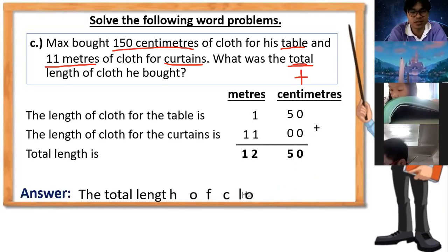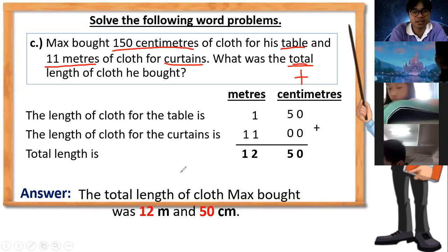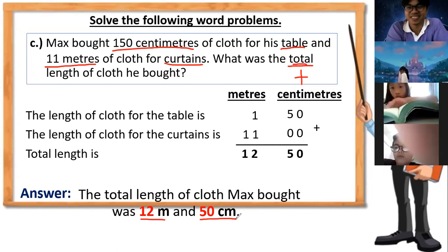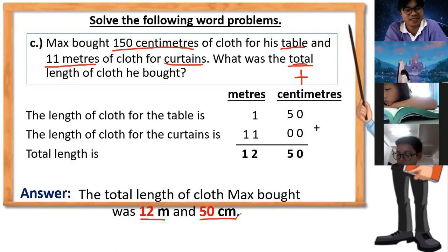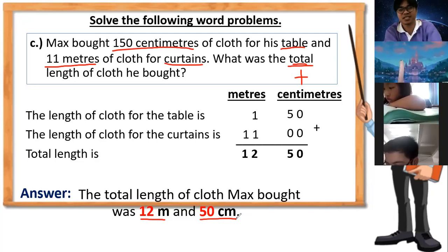So the total length of cloth Max bought was 12 meters and 50 centimeters. Like that. Okay. You see, right? The total length of cloth was 12 meters and 50 centimeters.